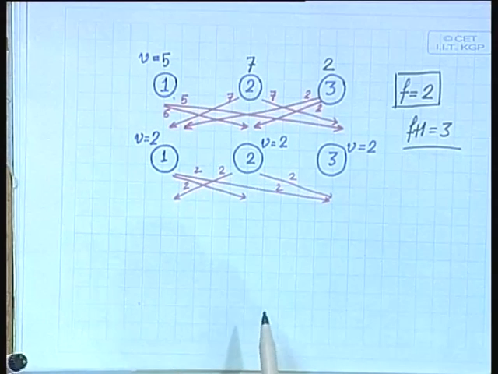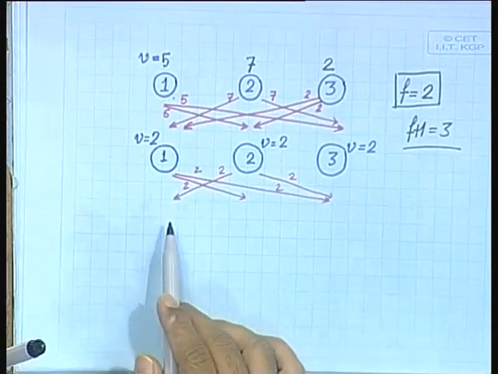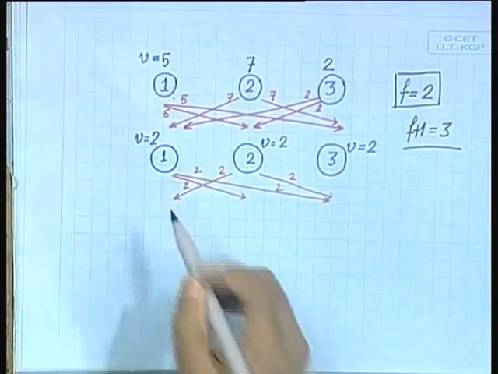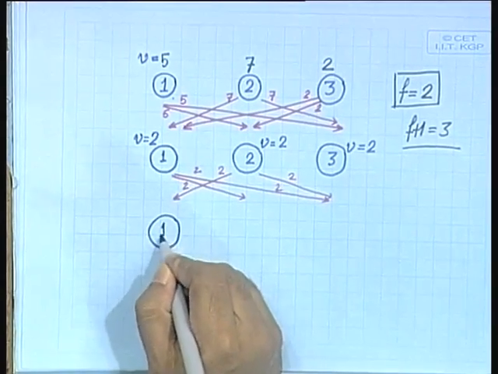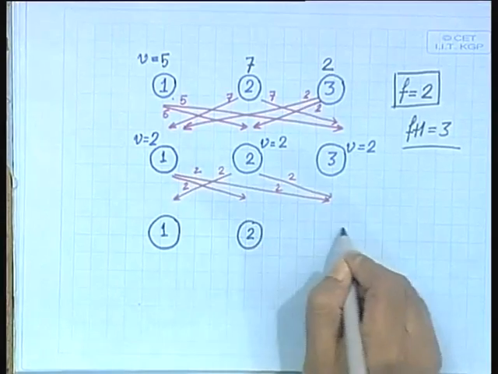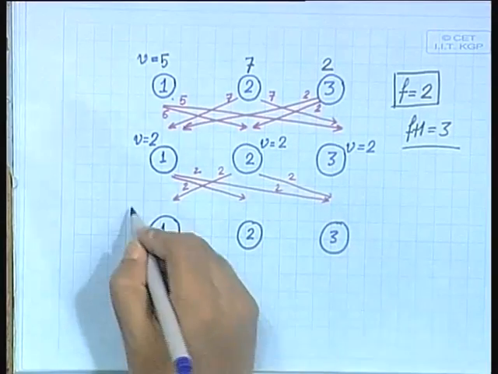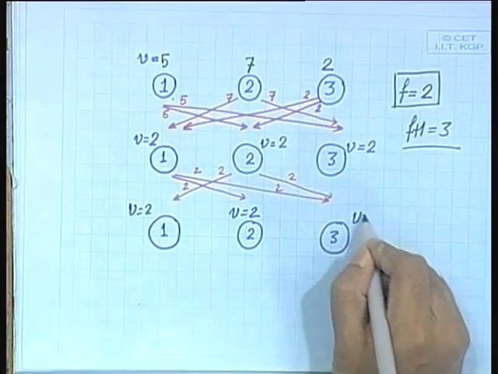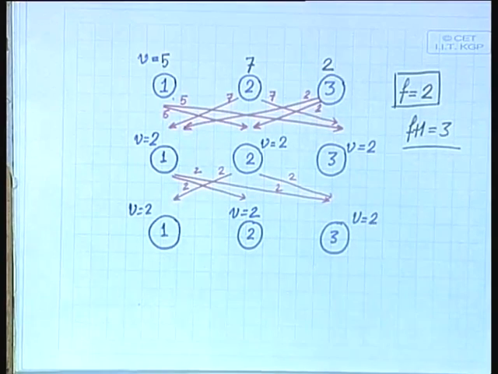Then at the end of the second round, what will we have? Again V is 2, V is 2, V is 2. What will happen in the third round?